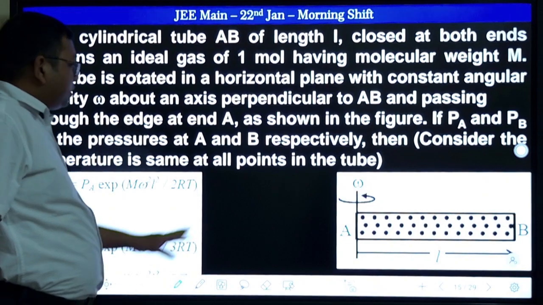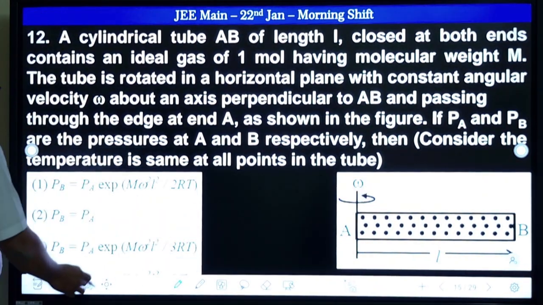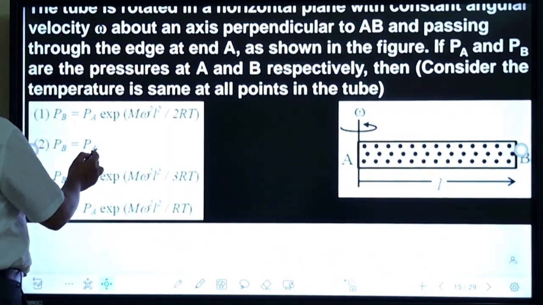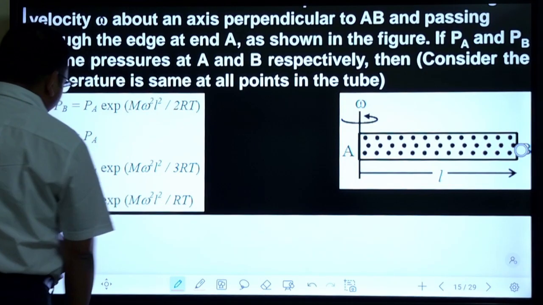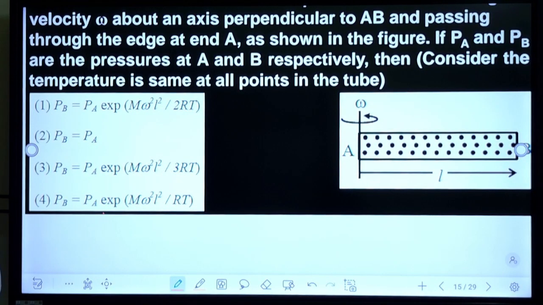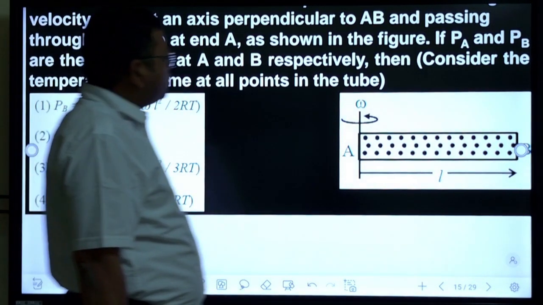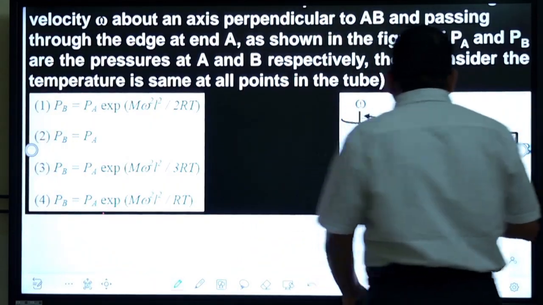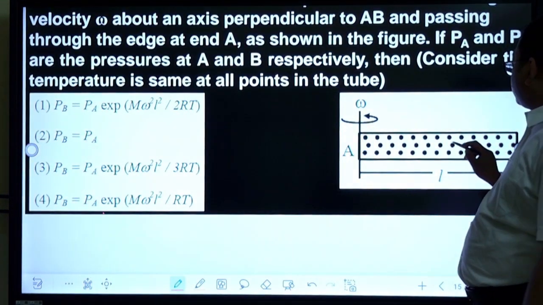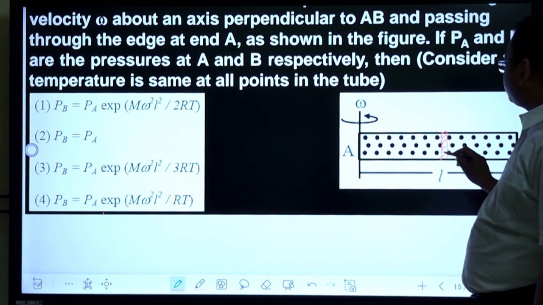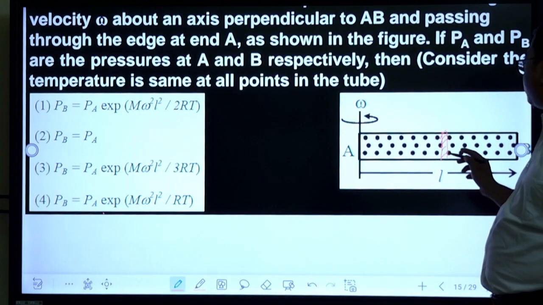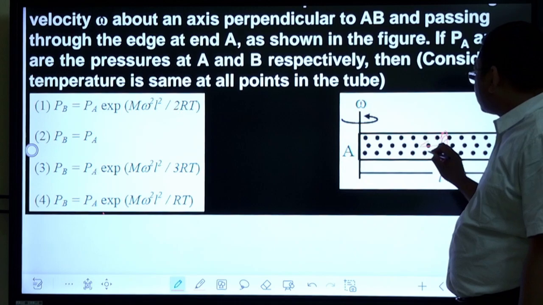Okay, so they are saying pressures at A and B they have given, and we need to get the expression which can be correct. Can we think about rejecting any options? Think about it. Because you should know that as it is rotating, suppose I take any point, there must be extra pressure on the right side because you need a net force toward the center, right?